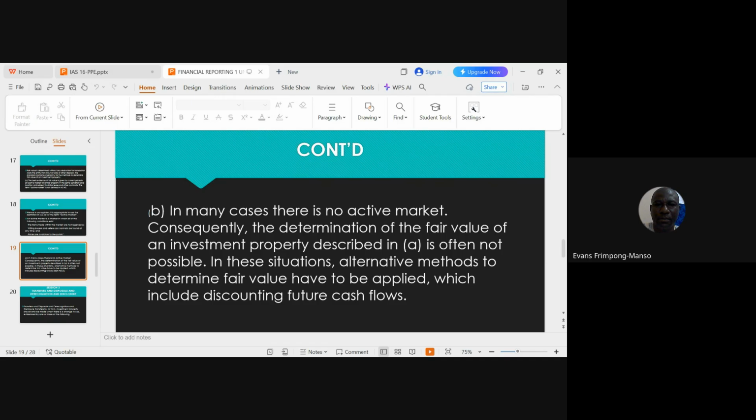What again did you meet? Active market. Advantageous market. Most advantageous market. What other market again?